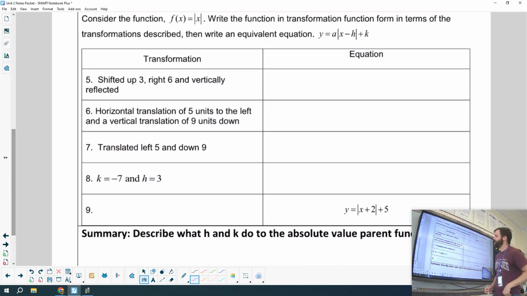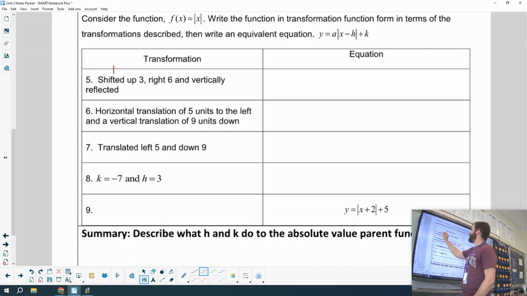Okay? So here, if my graph is shifted up 3, that means that my k is 3. If it shifts right 6, that means my h is 6. And if it's vertically reflected, that means I have a negative in front. Okay?